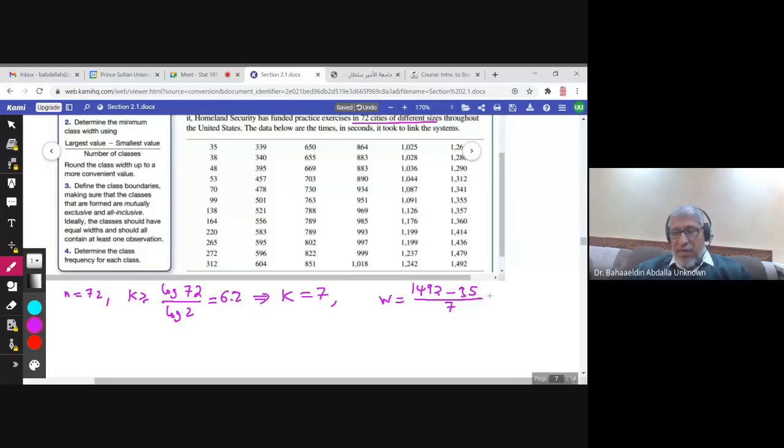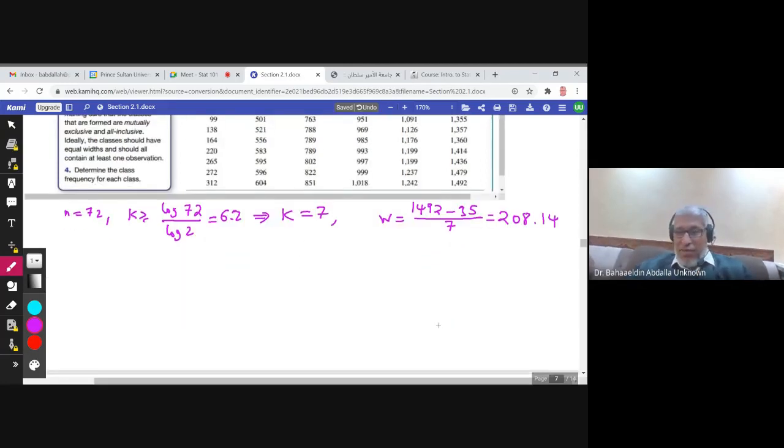Now if you divide, 1492 minus 35 divided by 7, the answer is 208.14. We need to round it up. You have to round it up. So you can take it to 209. You can take it to 210. You can take it to 212. You can take it to 215. You can take it to 220. It is up to you.